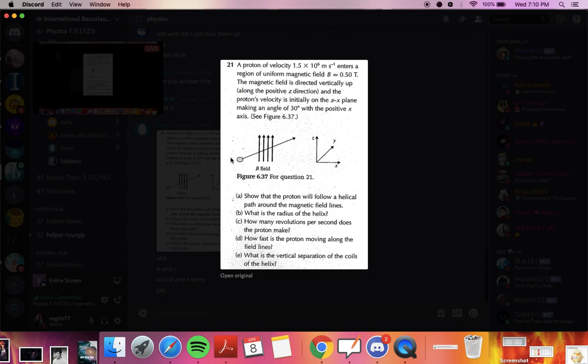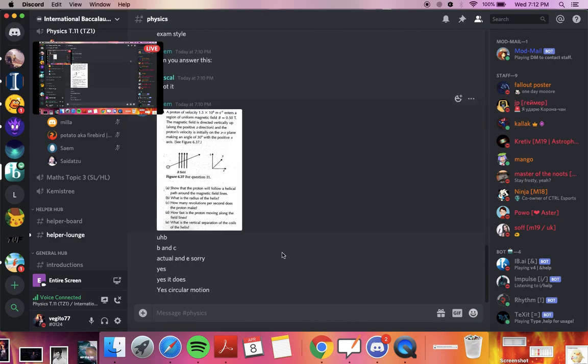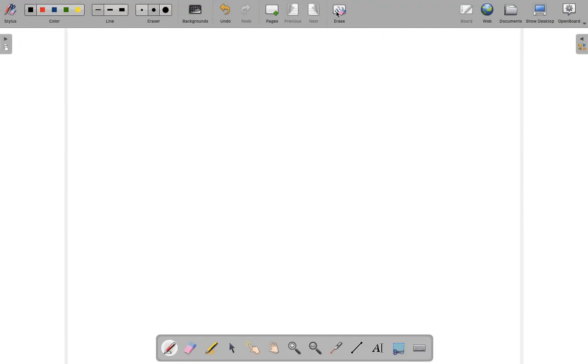So what is the radius of the helix? What I assume they mean is this proton ends up in circular motion. Wait, no. Oh, it goes through circular motion, right? Yep. In the case of circular motion, I think I did mention this a short while back. What you need to do is equate the force to the centripetal force.